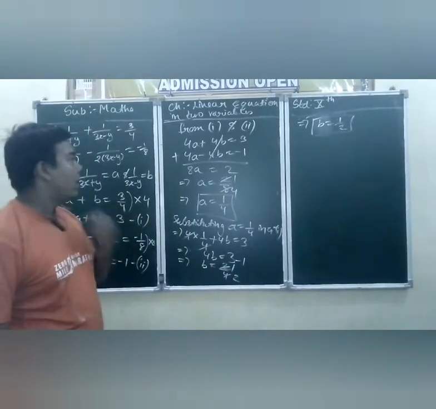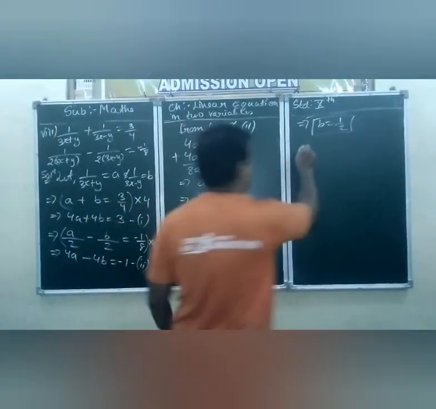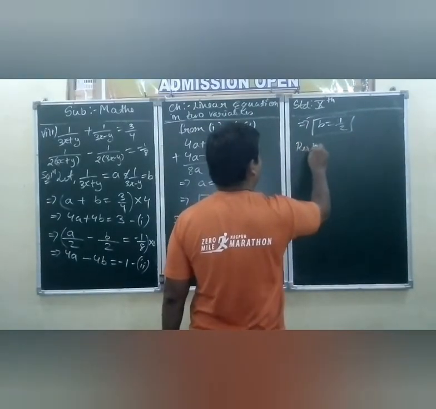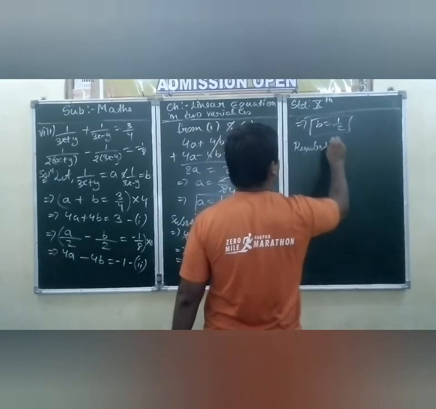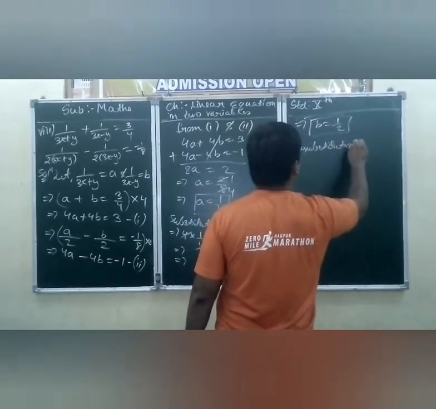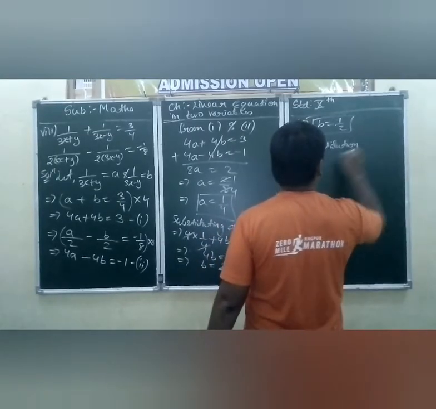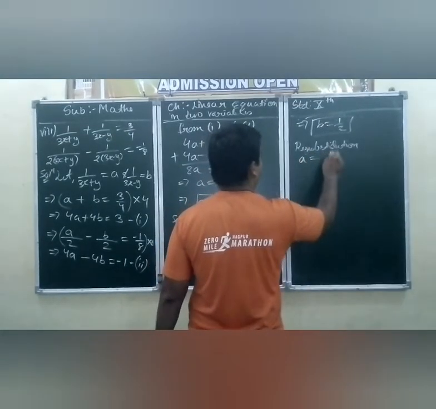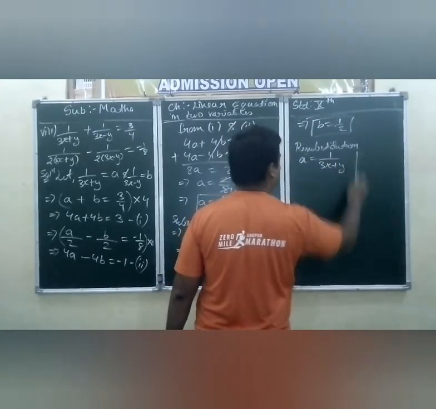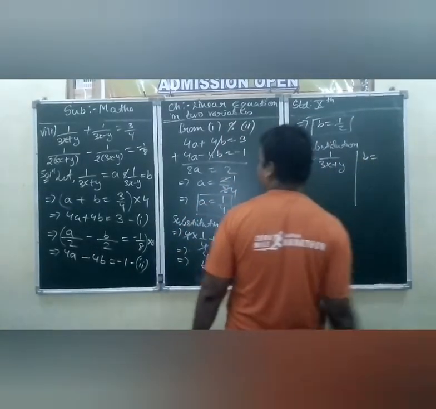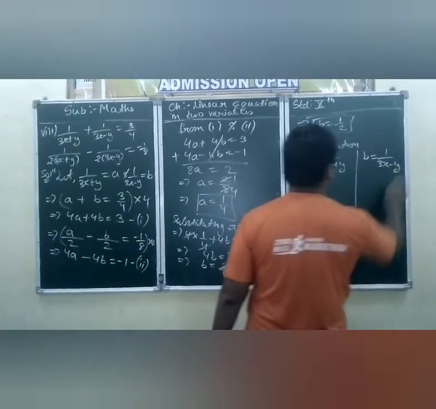Okay. So now we find the value of x and y. So resubstitution: a is equal to 1 by 3x plus y, and b is equal to 1 by 3x minus y.